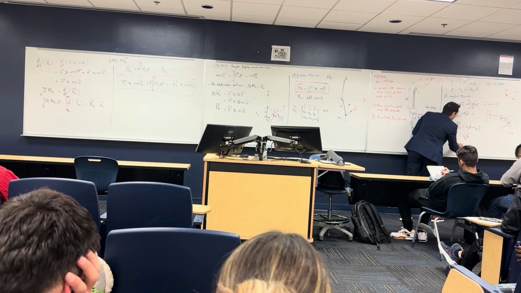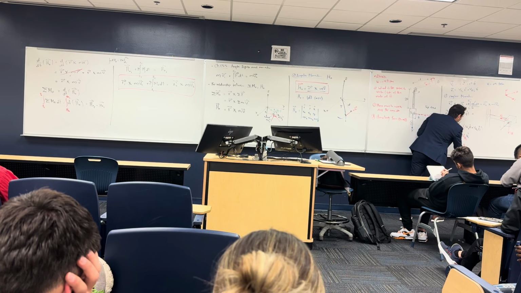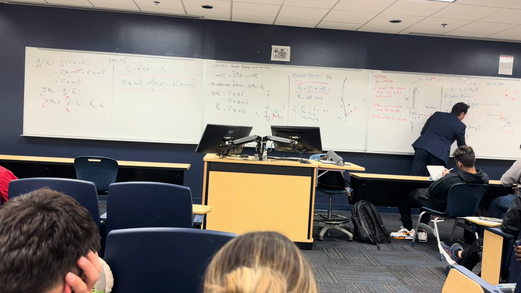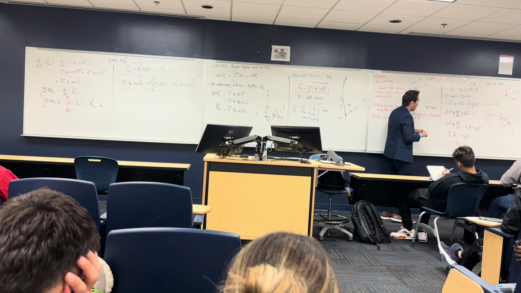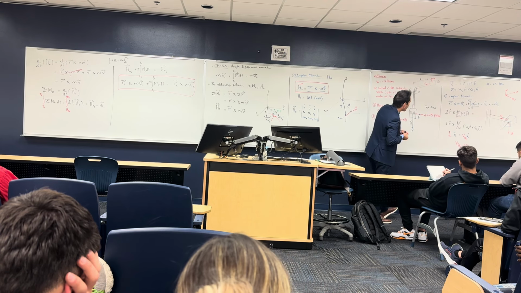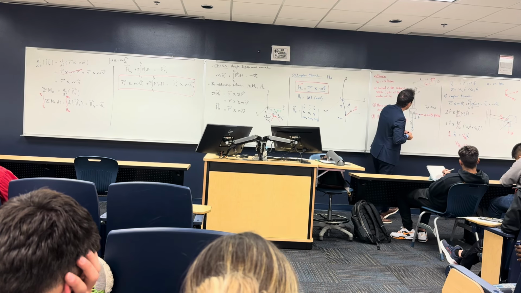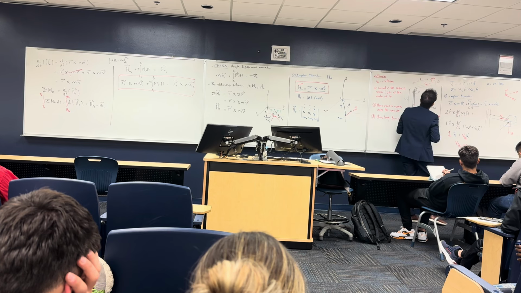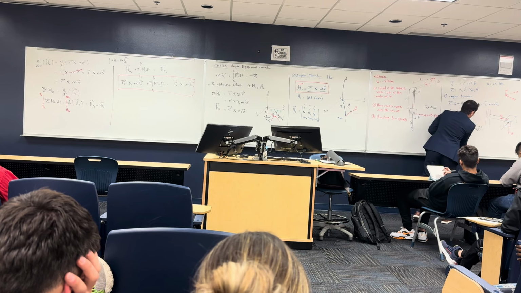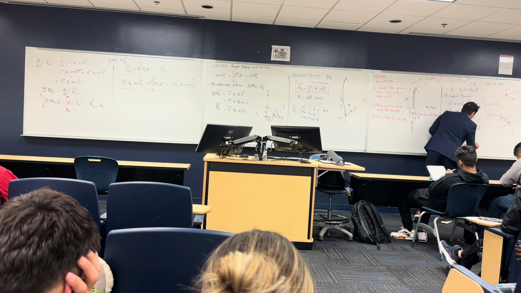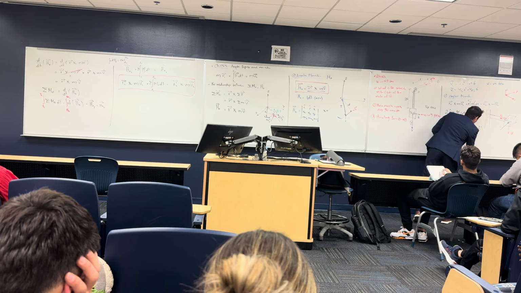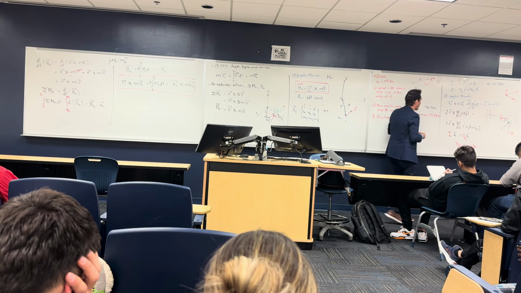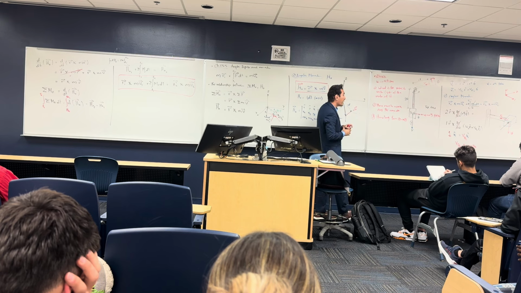So v theta 2 is equal to 1. Actually, v theta, we can call it, I believe, radian per second. Okay, let's say radian per second. So right now we have v theta.